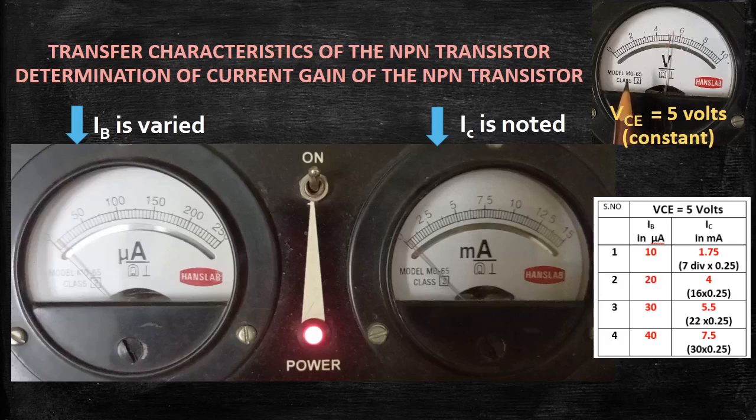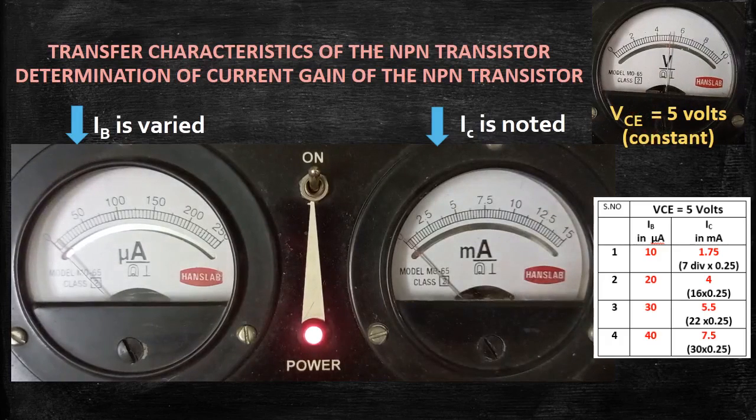VCE was kept constant. Again, even while measuring the current gain, VCE must be kept constant. It should be kept exactly at 5 volt. So without altering the value of VCE, we have to find out the value of which one? The current gain. Okay. Don't forget, the VCE value must be kept constant while determining the value of current gain.